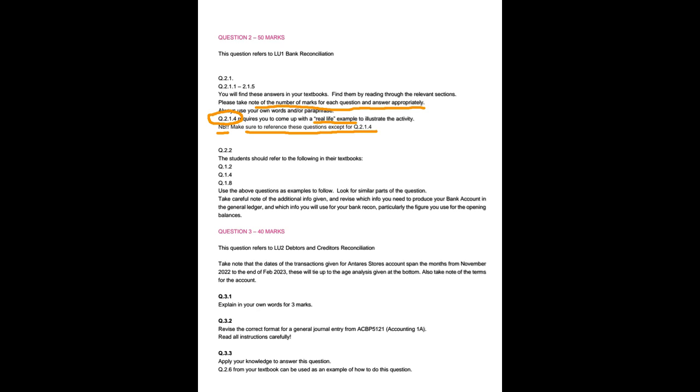So what I've done over here in the lesson plan is I have just given you certain textbook questions, 1.2, 1.4, 1.8. If you use these questions, you will find similar transactions, and you'll be able to follow exactly how you should do question 2.2 by using these as examples to follow. So you'll look for similar types of transactions in the questions, and you'll look to see what they did.